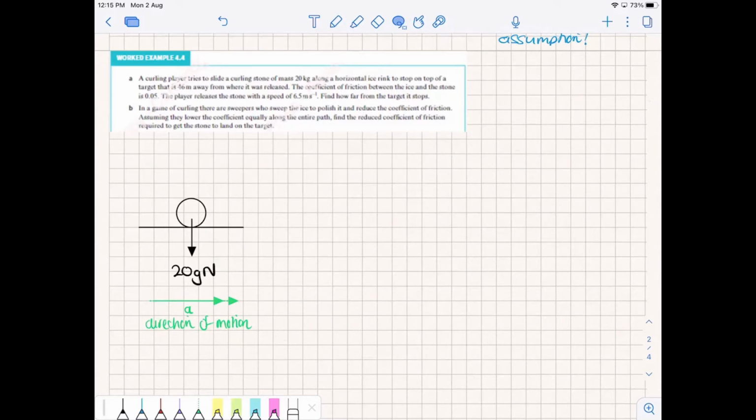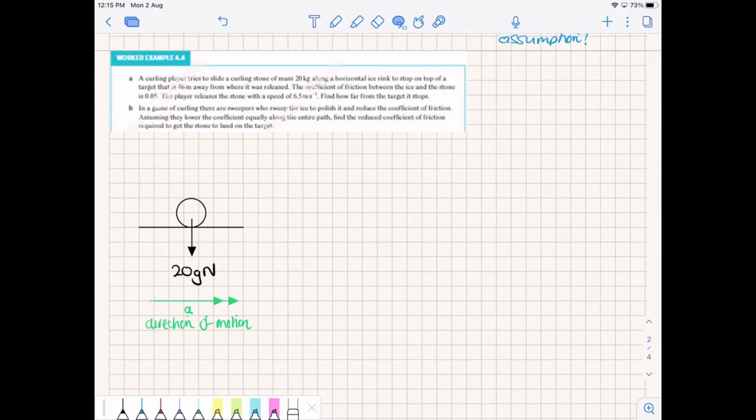Kiana, will there be any force applied on the object down the direction of motion? Is there any more force pushing the object down the ice rink? No, because the initial force that was given to the curling stone is now gone.